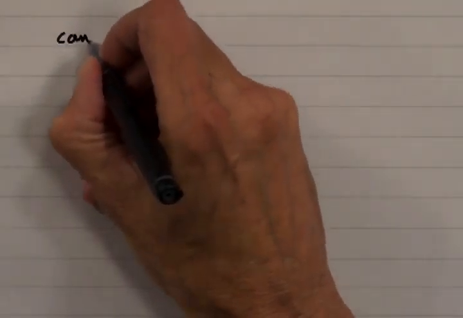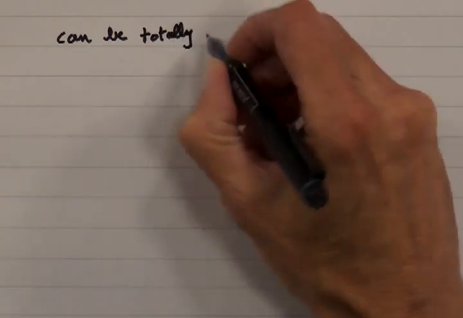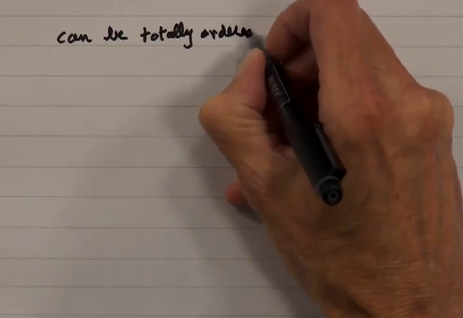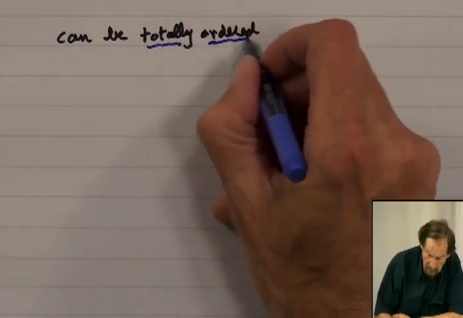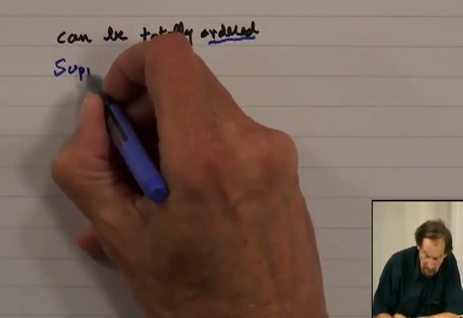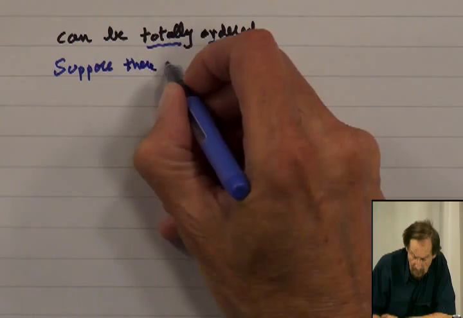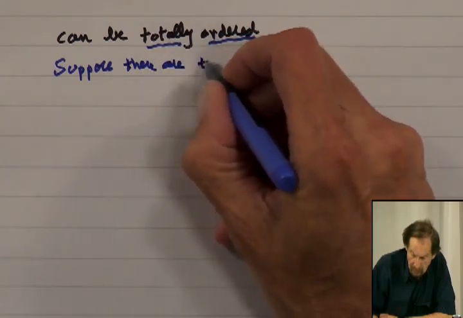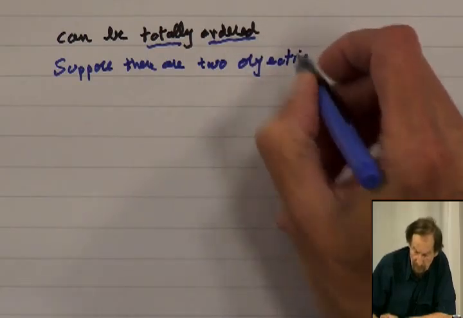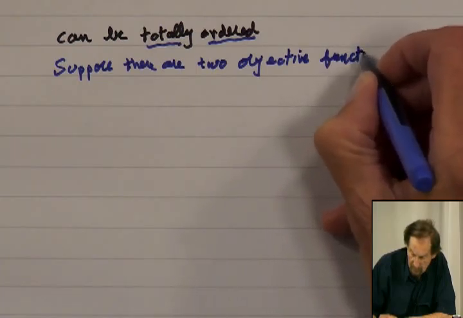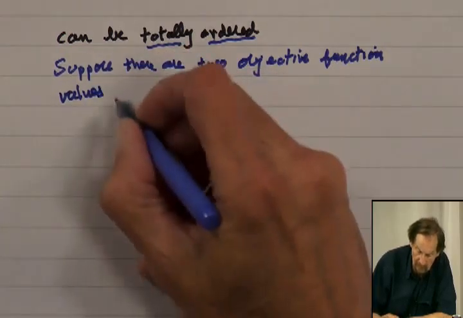Can be totally ordered. Okay, so what do we mean by totally ordered? Suppose there are two objective function values, and we are maximizing.